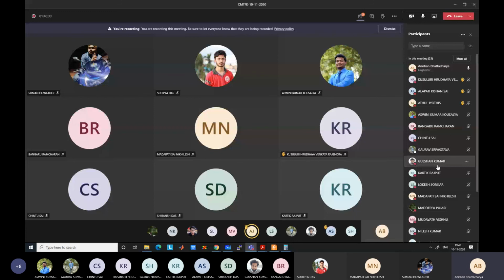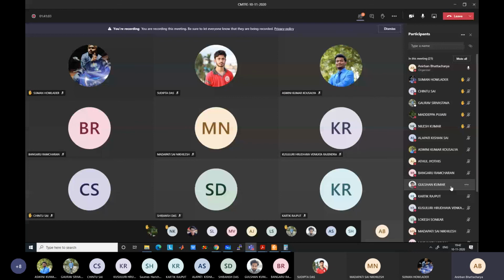Ramcharan is present. Suman is present. Then Ashwini Kumar is present. Then Gaurav Srivastav is present. Then Gulshan Kumar. Gulshan Kumar, where are you? Gulshan Kumar, your name is showing, so you are present. Yes, sir, Pujari present. Yes, Pujari is present.